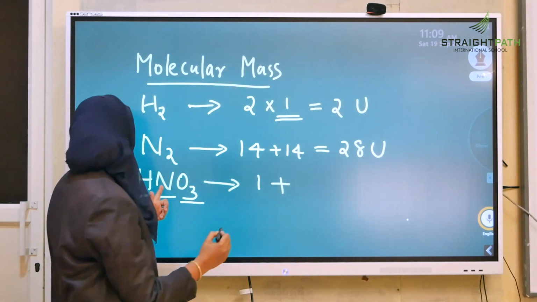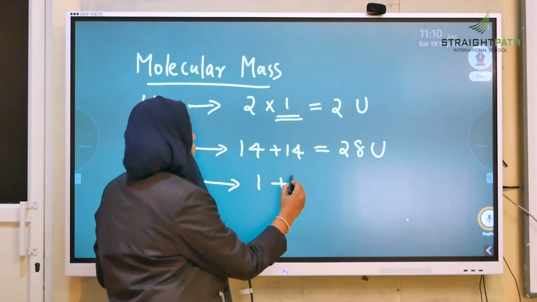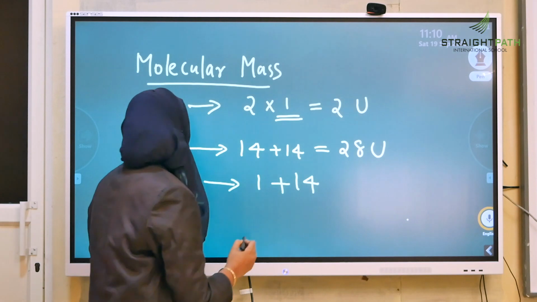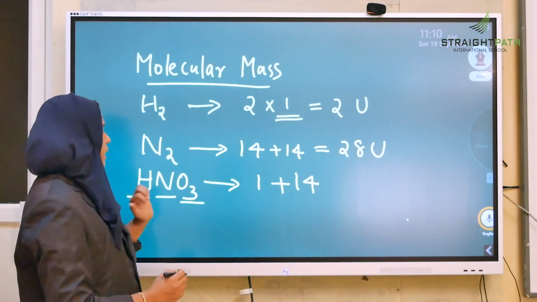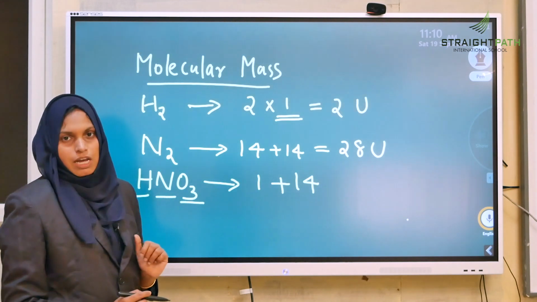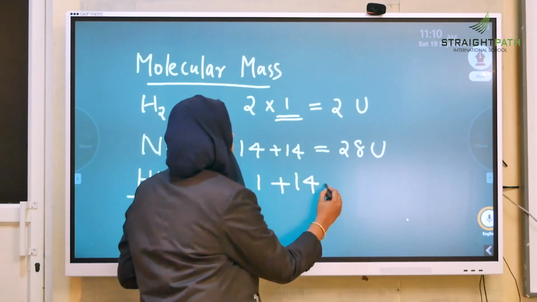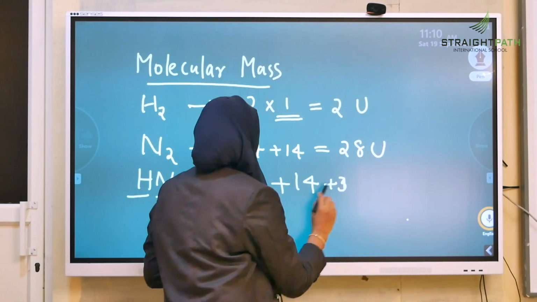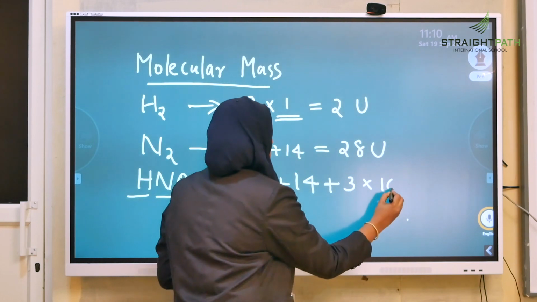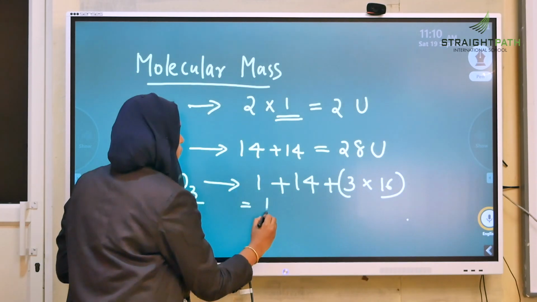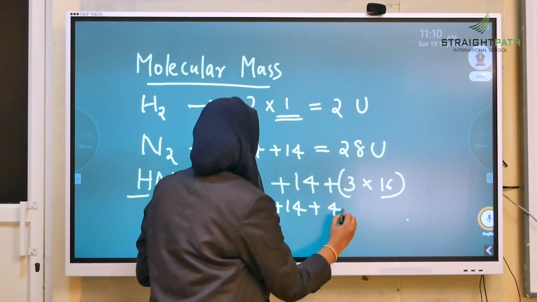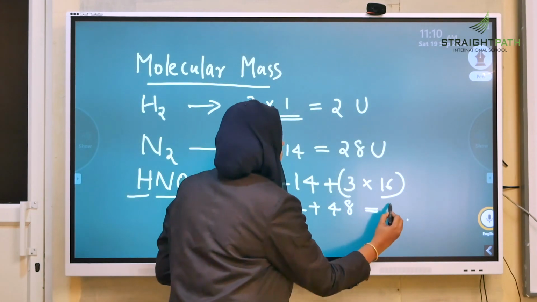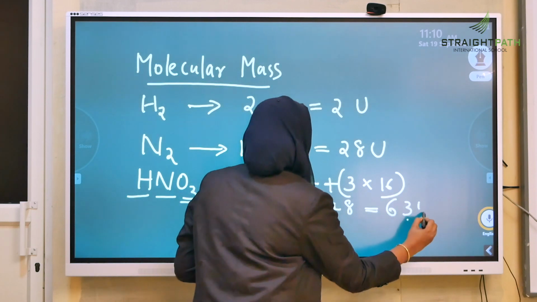For nitrogen, it is equal to 14. For oxygen, it is equal to 16. But here 3 oxygen atoms are there, so we have to write 3 into 16, which is equal to 1 plus 14 plus 48, which is equal to 63 U.